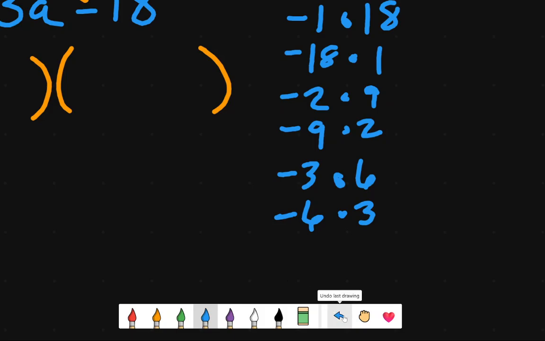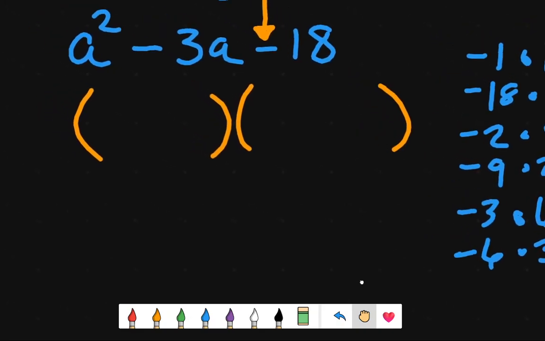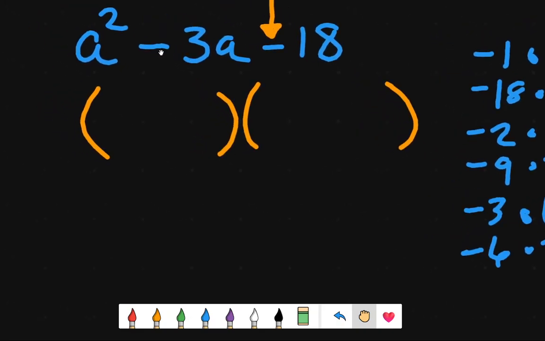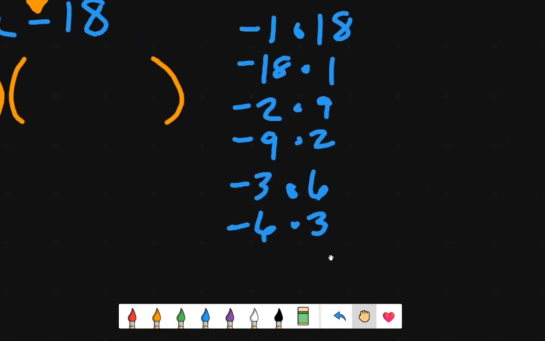So now we need to check and see which factors, when we add them together, will give us a negative 3. All right, so now go back to the factors and begin the adding process. Negative 1 plus 18 would actually give us positive 17.